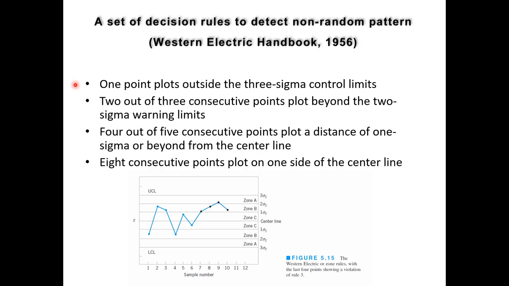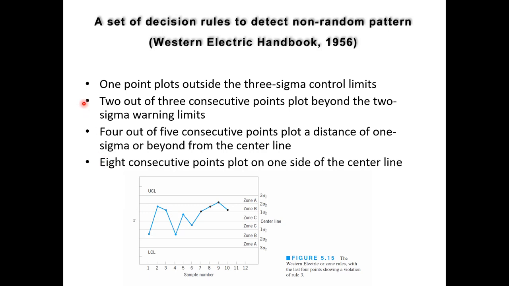There are guidelines here where you can determine whether the control chart has a non-random pattern. It has a non-random pattern if 1 point plots outside the 3 sigma control limits, that is, it goes beyond the control limit. Or if 2 out of 3 consecutive points plot beyond the 2 sigma warning limits.